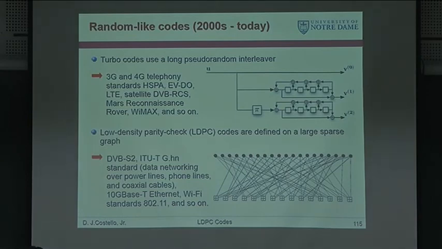And again, you need BCJR because once you start the iterations, the probabilities of a bit being a 0 or 1 are no longer equally likely, because the iterations give you information about the reliability as you proceed. So the Viterbi algorithm is not optimum. It's only optimum if the input bits are equally likely. And in general, that's not true when you're doing iterative turbo decoding, so you need to use the BCJR.